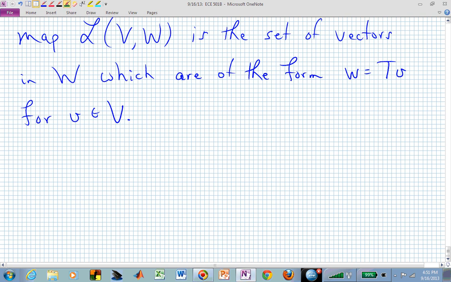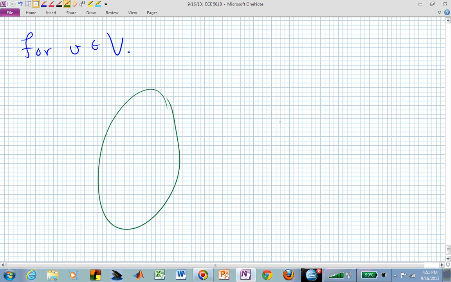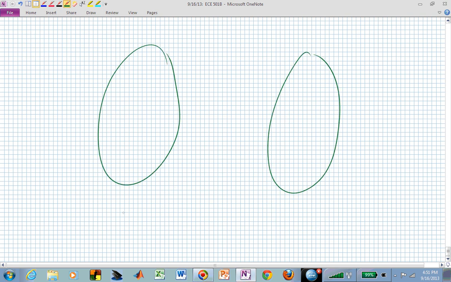I don't know if these pictures are helpful or not, but here's a picture of this concept of range. We're going from a vector space V into another vector space W with a linear map T. But now we are interested in where do we get to in W. And it may not be all of W. That's what this extra little blob inside W is.